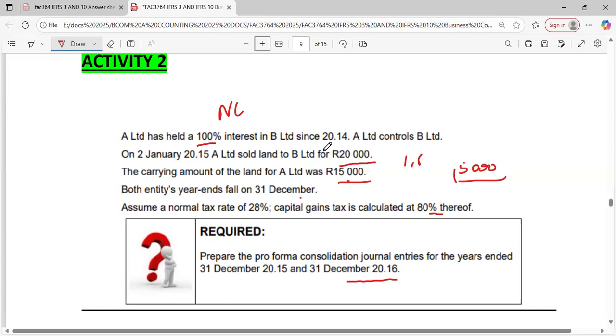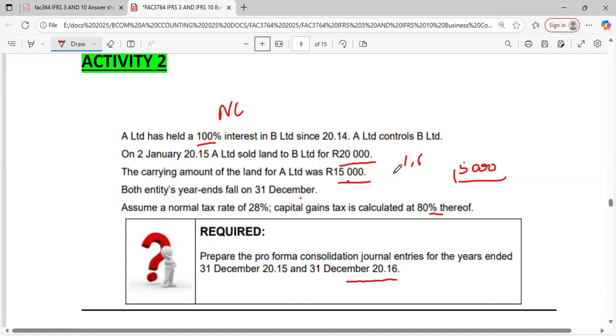So the consolidated statements will be different from the individual statements, because when we consolidate, we have to eliminate some of the intra-group transactions.